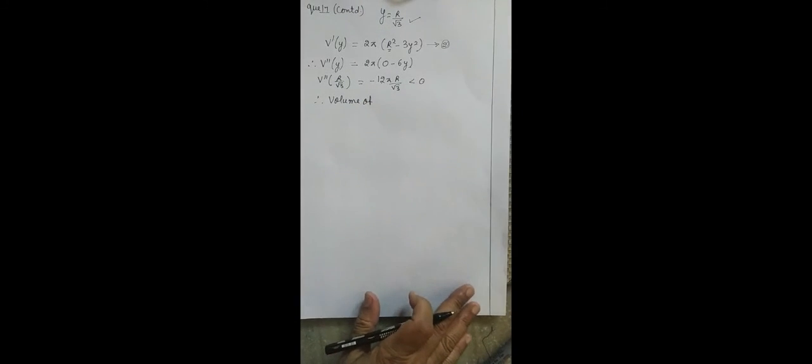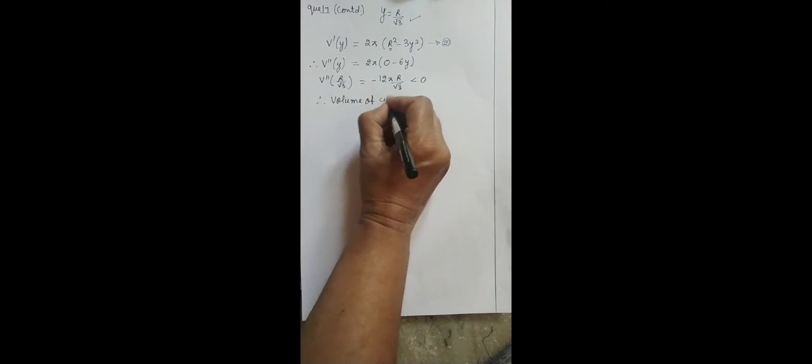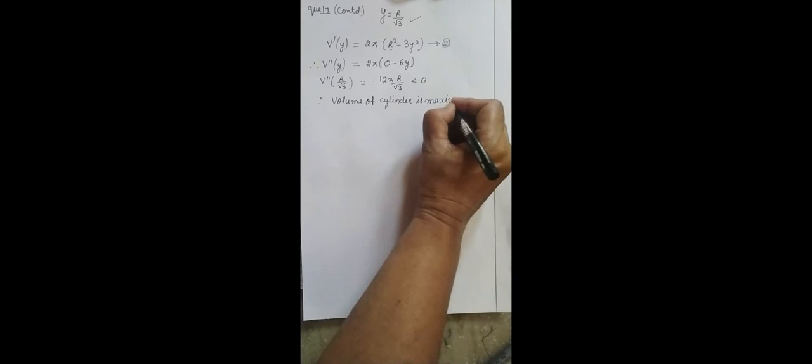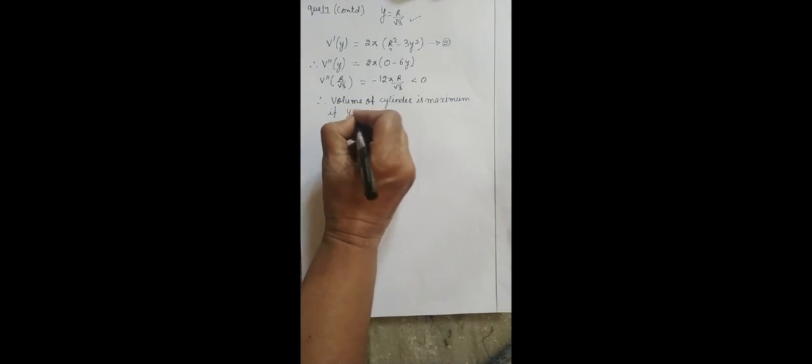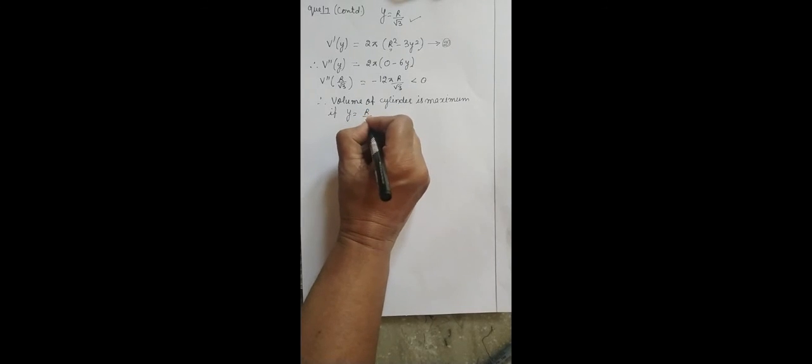So this shows that volume of cylinder is maximum if y is equal to R upon square root 3.